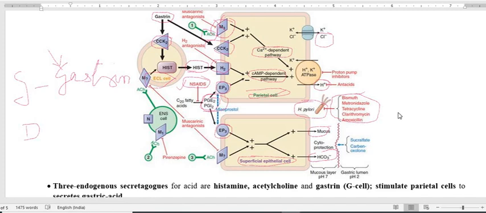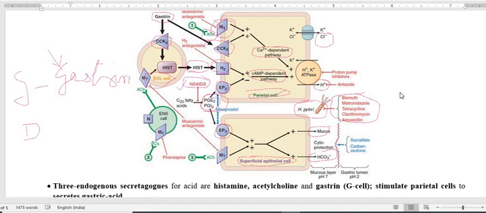So we have seen the physiology of gastric acid secretion and the pathways which we have to block, by which gastric acid synthesis will be decreased, or the cytoprotectants like mucus and bicarbonate will be enhanced, inhibiting the acidity as well as peptic ulcer formation.